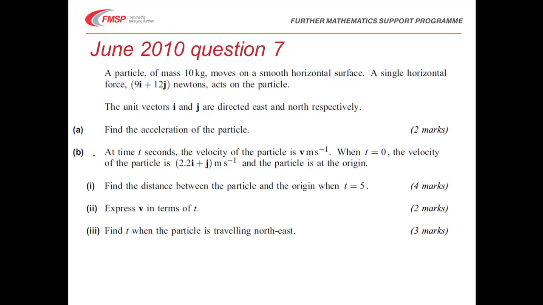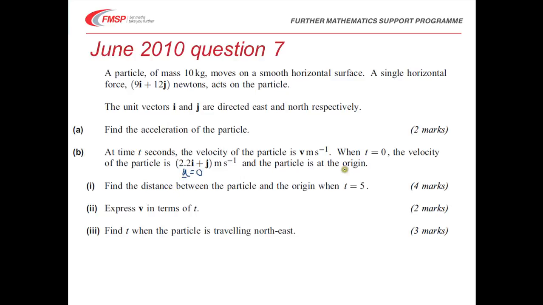and then in part B it says at time t seconds the velocity of the particle is v meters per second. When t equals 0, the velocity of the particle is 2.2i plus j. So that basically is telling us our initial velocity here, isn't it?